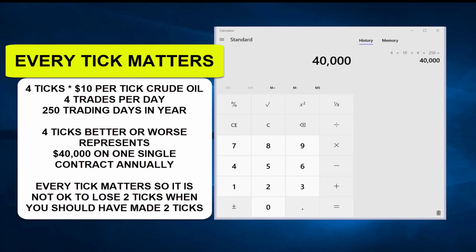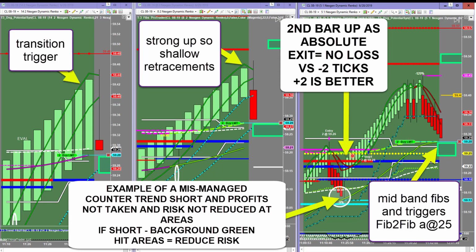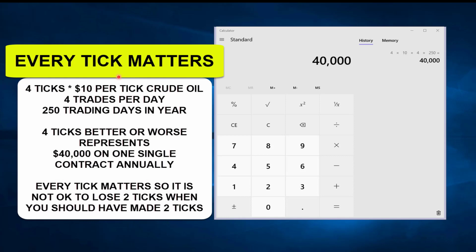Let me show you what it means. Every tick matters, guys. That 4 ticks difference, think about it. You could have made 2, but you lost 2. So it's 4 ticks difference. 4 ticks times $10 per tick, assuming 4 trades a day and 250 trading days in a year, 4 ticks really means $40,000 per one contract on an annual basis.